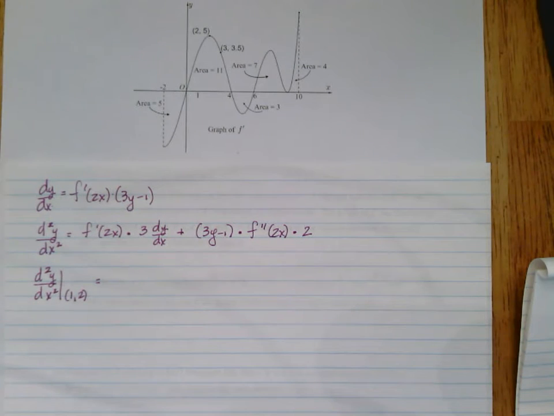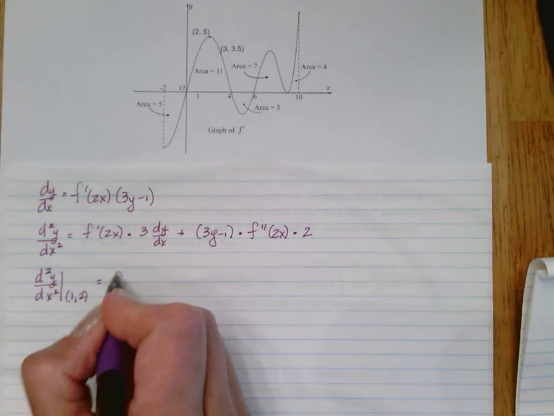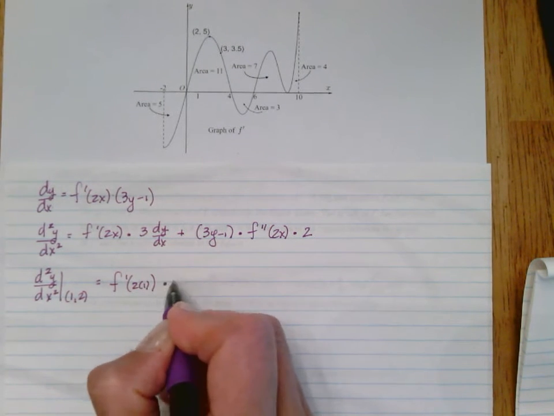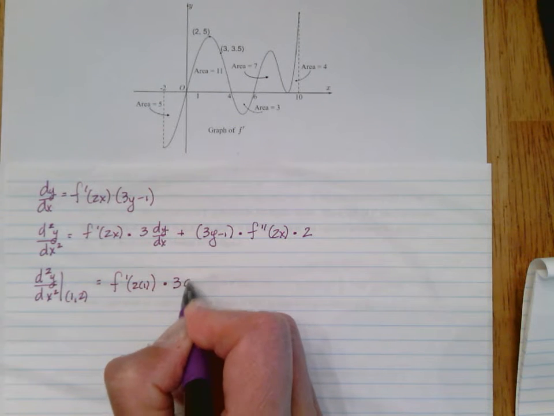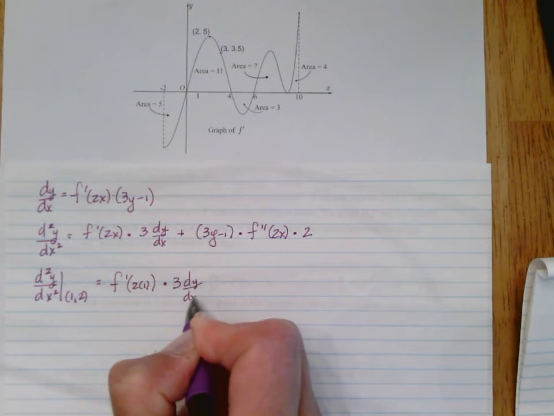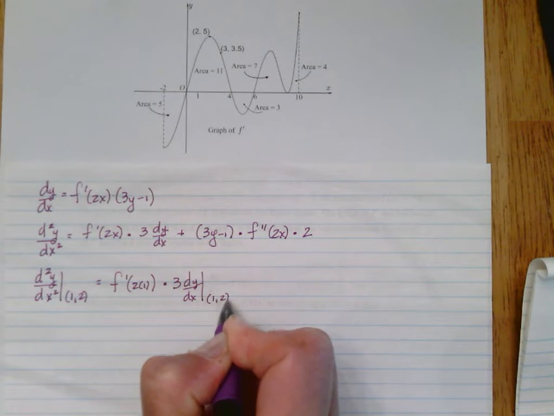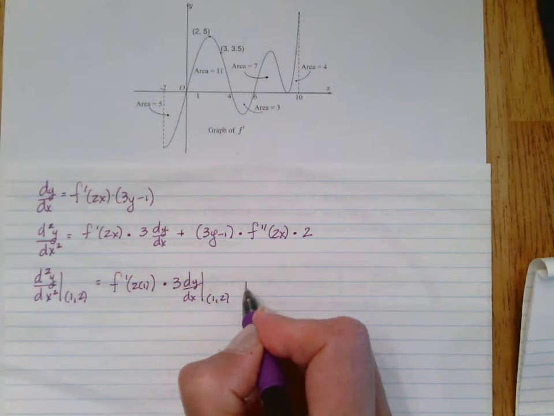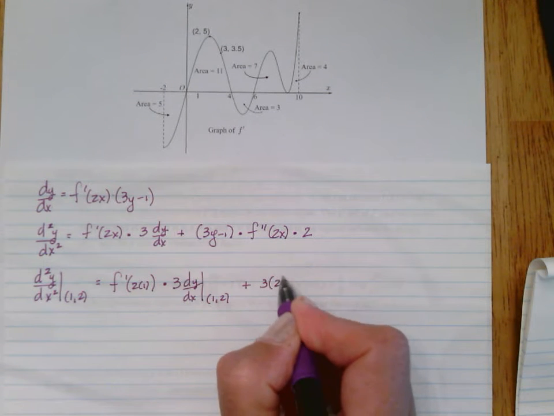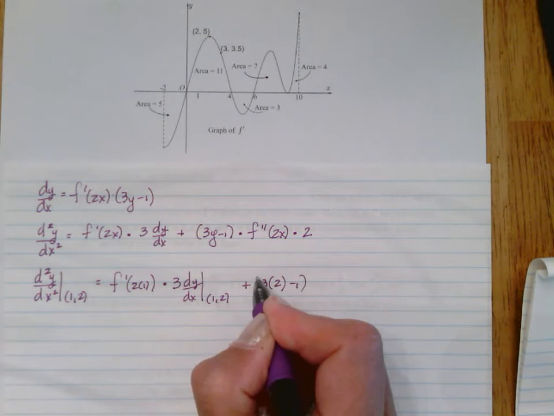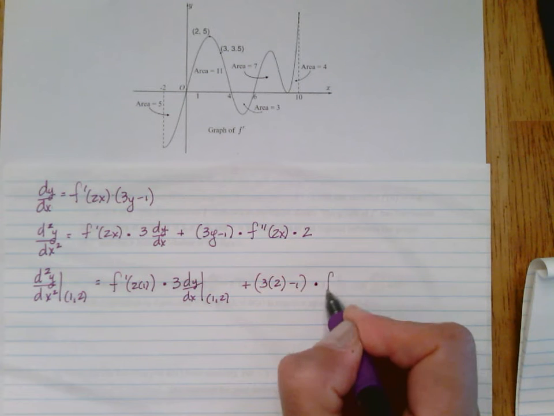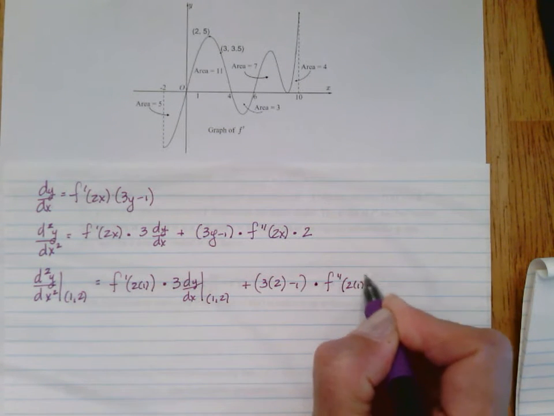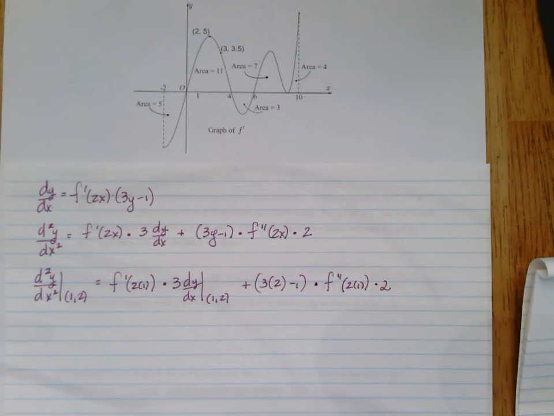So let's plug in 1 for x and 2 for y. So f prime of 2 times 1, times 3 dy/dx at (1, 2). I'm going to have to go back to my first derivative to figure out that number. Plus 3 times 2 minus 1, times f double prime of 2 times 1, times 2.